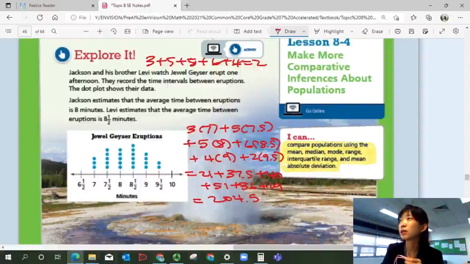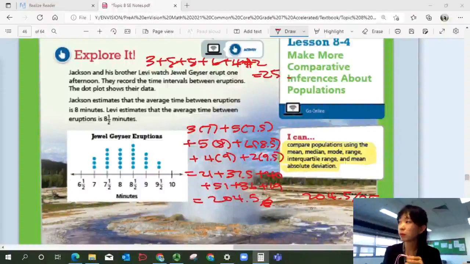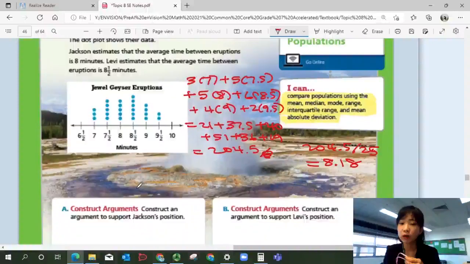That's 10, 20, 25, right? So you divide this, 204.5 divided by 25 is your average, which is going to be 8.18. And so by estimation, maybe Jackson figured out the mean and estimated it as 8 minutes, right?